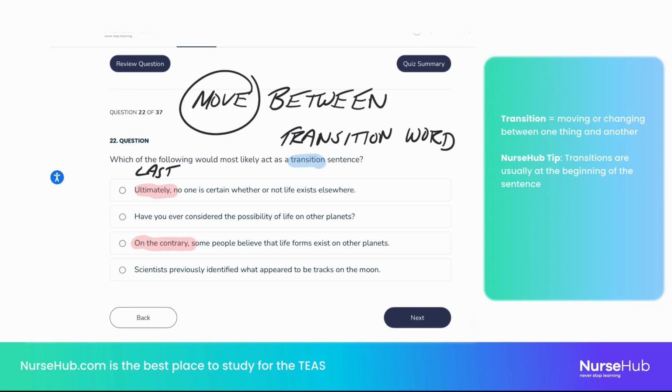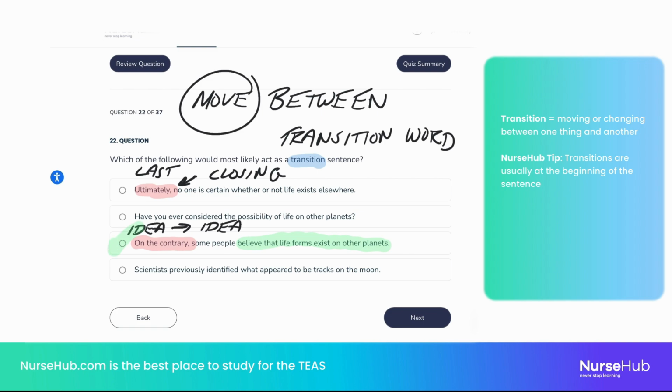So the biggest thing here, where they're trying to trick you, is you have these two here. This one would be a closing or conclusion sentence. And this one, on the contrary, means that we are switching from one idea, probably the naysayers, to another idea, which in this case would be people that believe that life forms exist on other planets. So that's moving from idea to idea, or transitioning. So that is our correct answer.